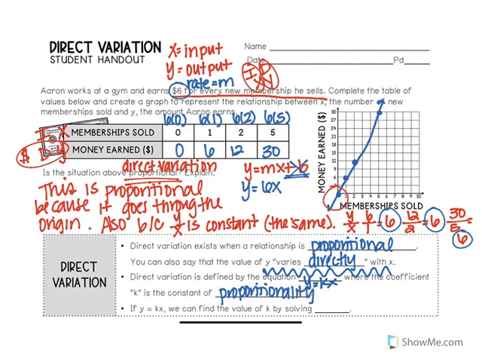If y equals kx, we can find the value of k by solving, girl, why can't you get over your x? When you're solving for k, this is where literal equations comes in. You draw a line, you divide by x, and that's why you're getting k is equal to y over x.